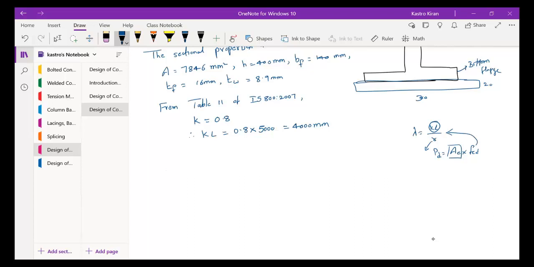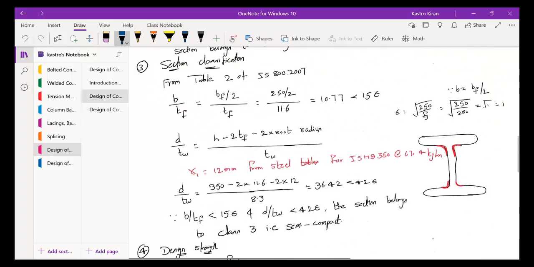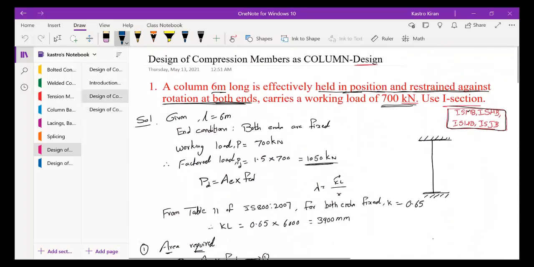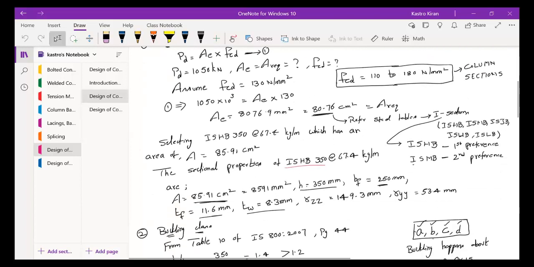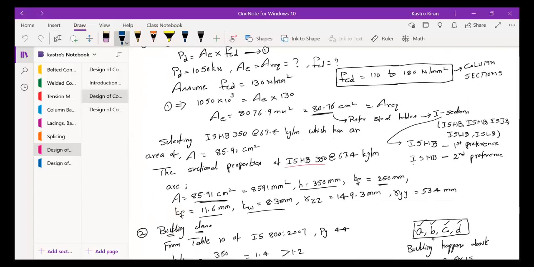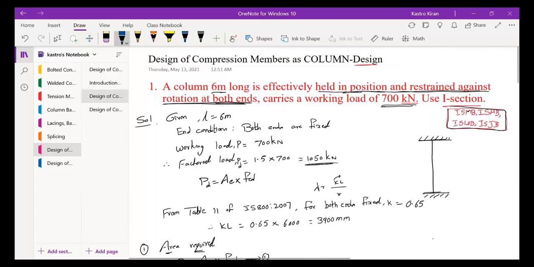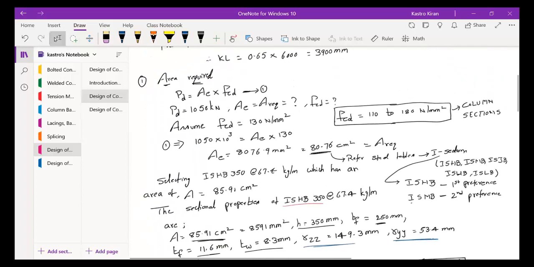What is r? Usually in the previous problems, we have taken r values. In the design problem, we got two values of r, that is rzz and ryy, just for the I section. We selected one section, that is ISMB 350. For this section, we got two r values, and the minimum r value we took along the buckling axis.